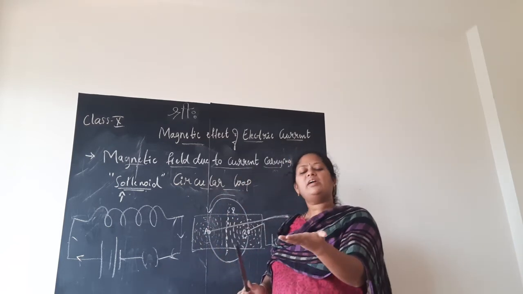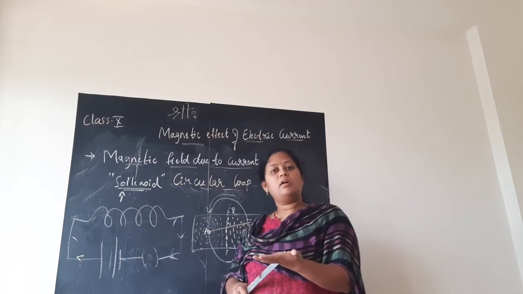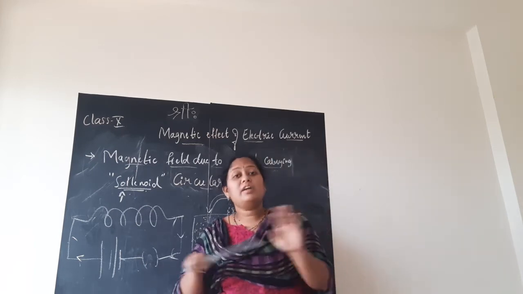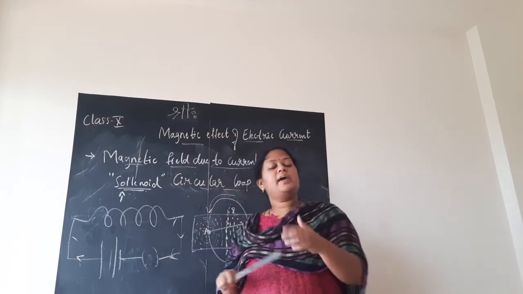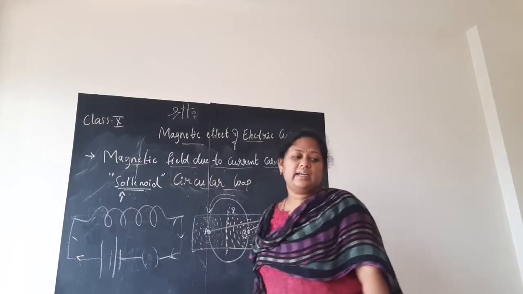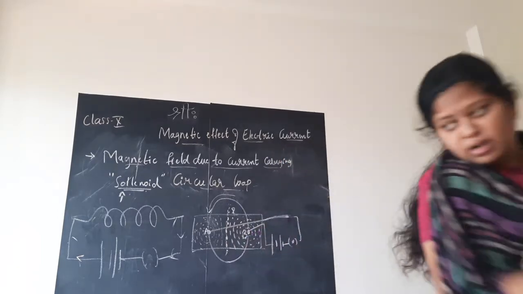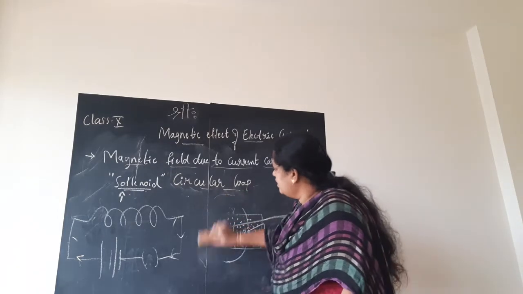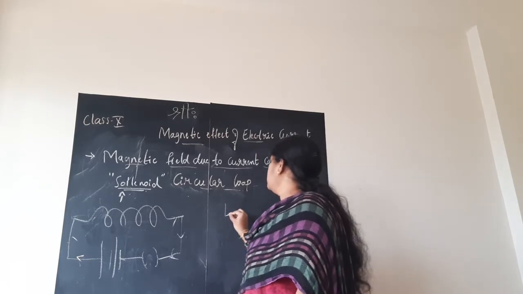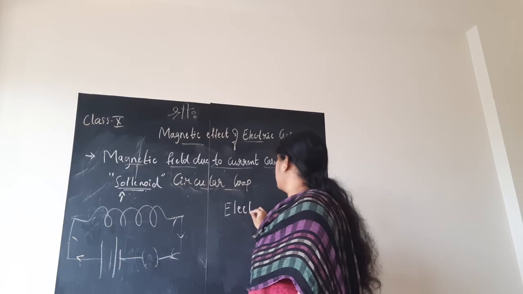I already showed the bar magnet in the previous session. Bar magnet means of course it is a magnet. But electromagnet, children, is not a permanent magnet. The bar magnet which we see is a permanent magnet. But this electromagnet is not a permanent magnet. The word electro itself tells me that.